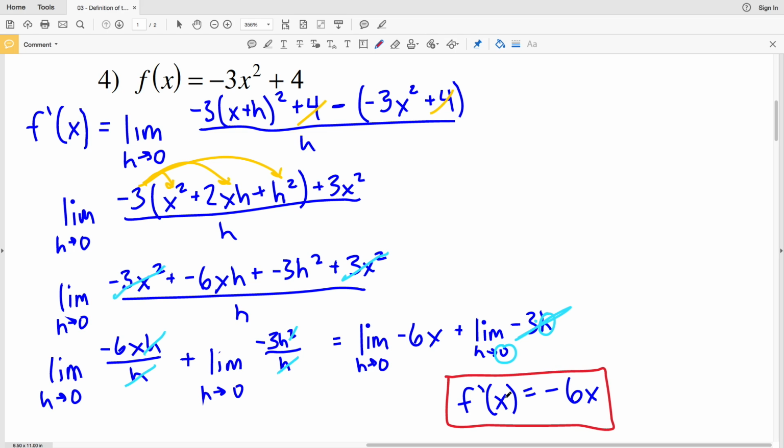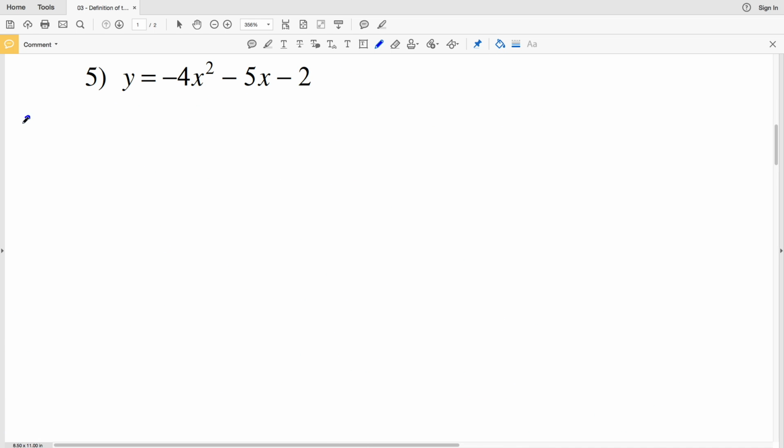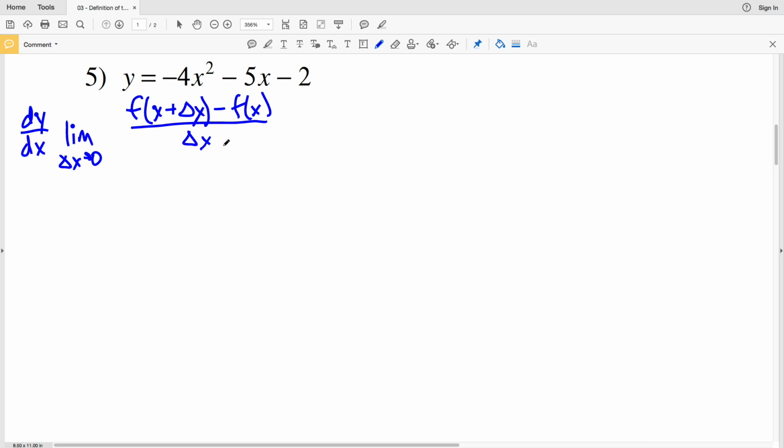Now on to something a little more complicated with 3 terms in number 5. In number 5, I'm taking the derivative of y with respect to x, and that's the limit as delta x approaches 0 of f of x plus delta x minus f of x all over delta x.